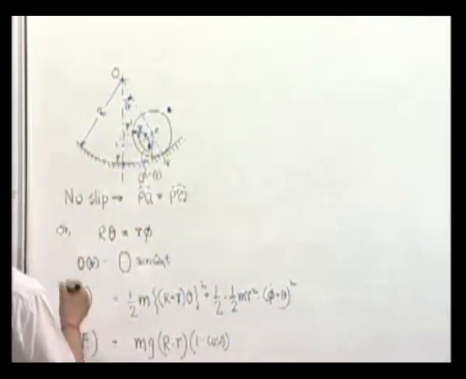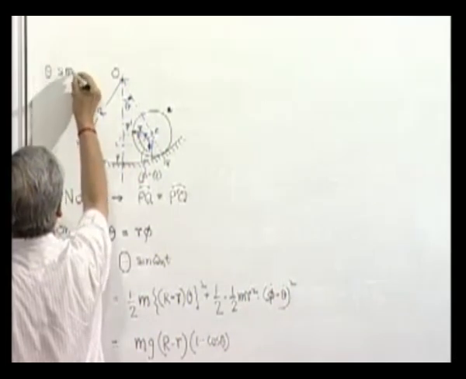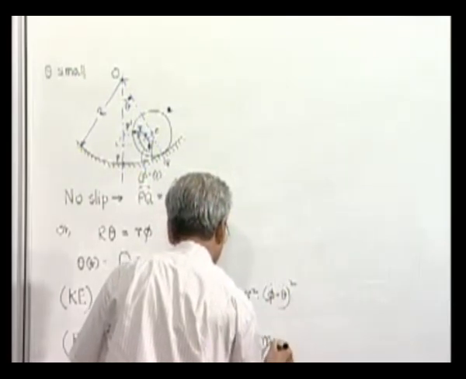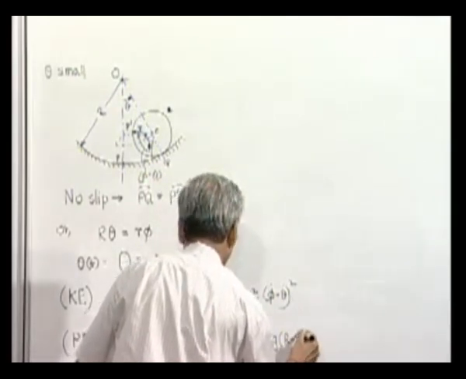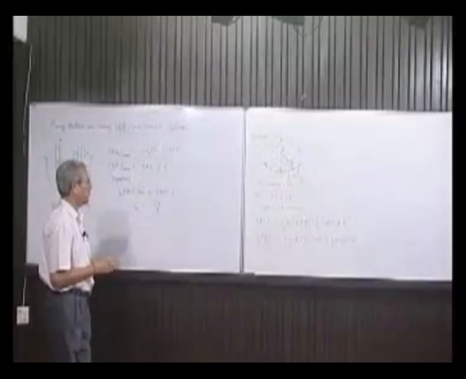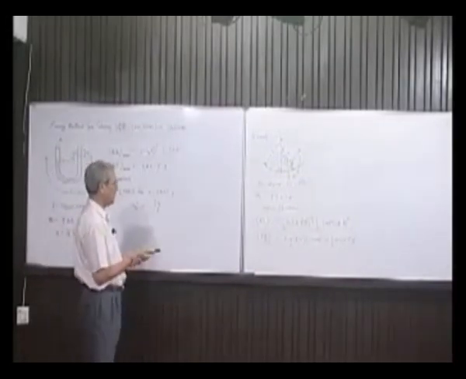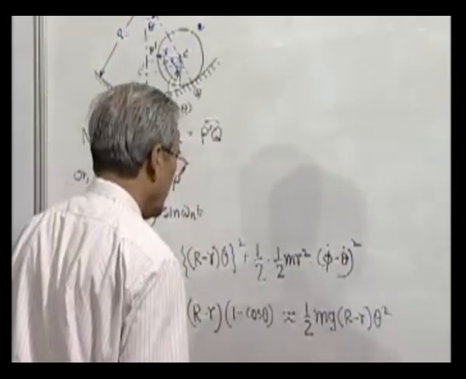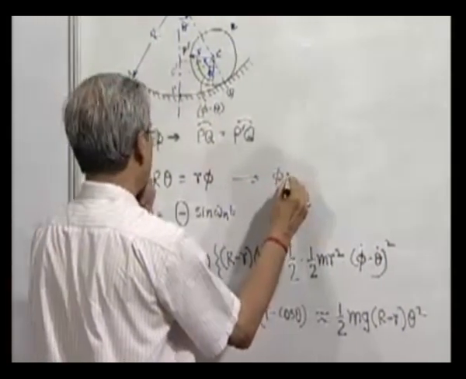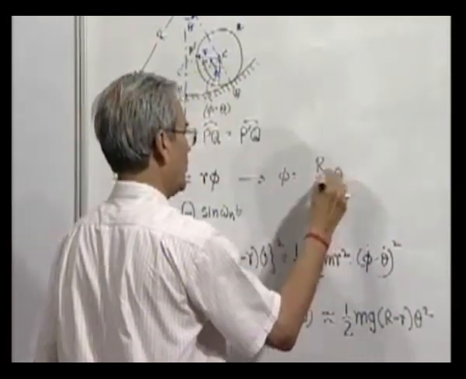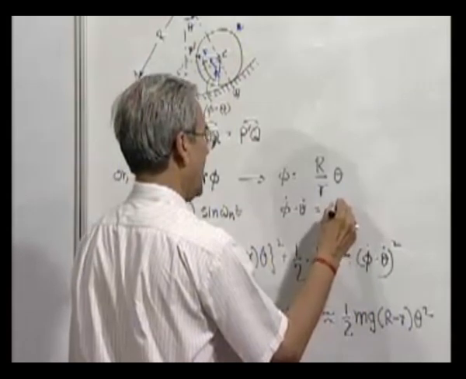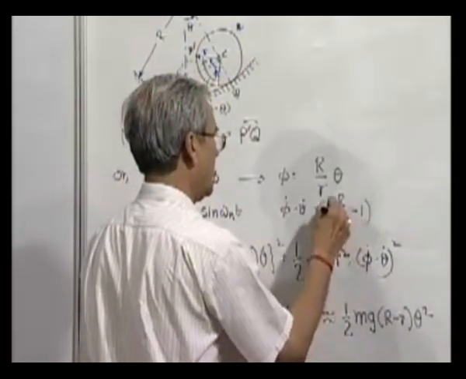And when theta is small, because of small oscillation, this can be expanded and it can be written as half... one minus cosine theta, approximately half theta square, neglecting the higher order. Now we have one quantity, phi, we have to remove. Now from this equation we find phi dot minus theta dot is nothing but R by r minus 1 into theta dot.